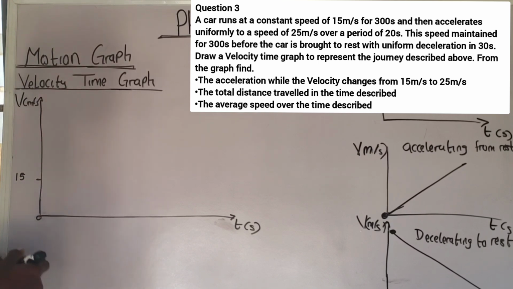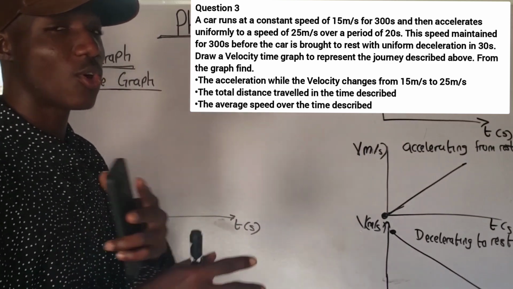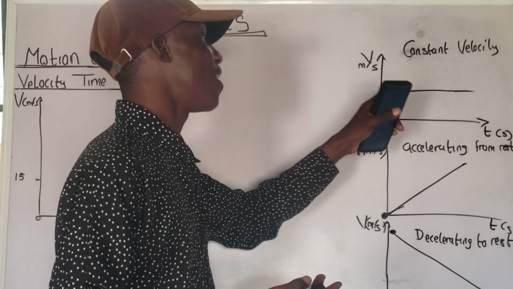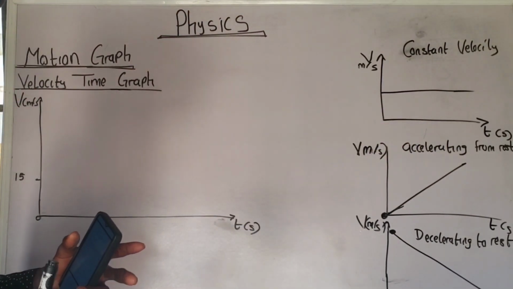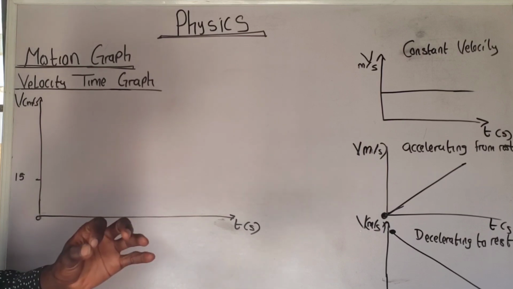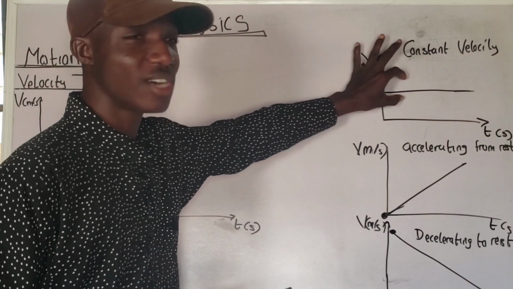I told you in our previous class that when a car or an object is moving at a constant speed, the graph looks like this. Please pay attention. When a body is moving with a constant velocity, this is how the graph will look.